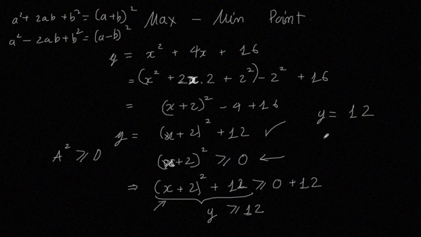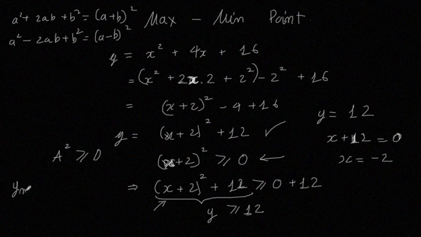And x plus 2 equal to 0 means x will be equal to minus 2. So we can make the conclusion: y min equals 12 at x equals minus 2.